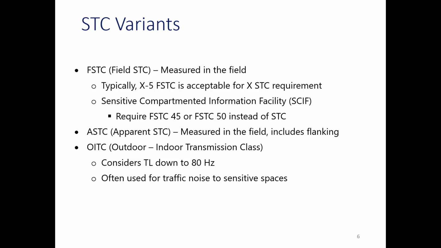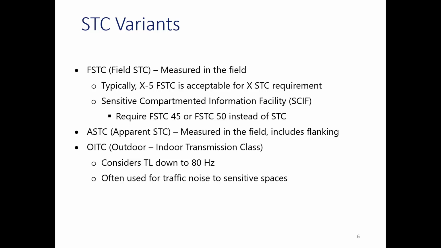So ASTC, it's a measure in the field. It's kind of like FSTC, but with FSTC, there's supposed to be an attempt to have eliminated flanking. Actually, the code has recently changed. It used to be just based on FSTC, but now it's more based on ASTC.